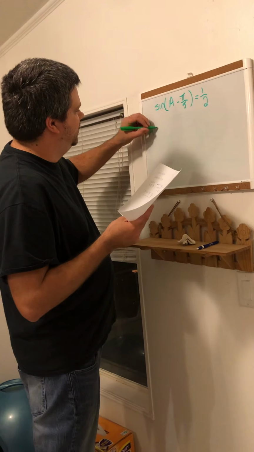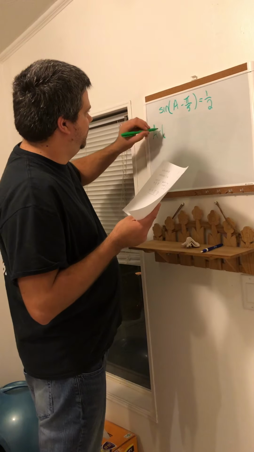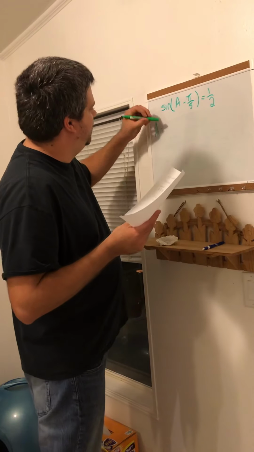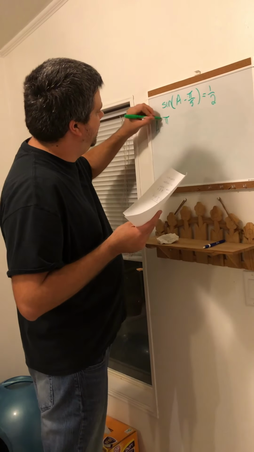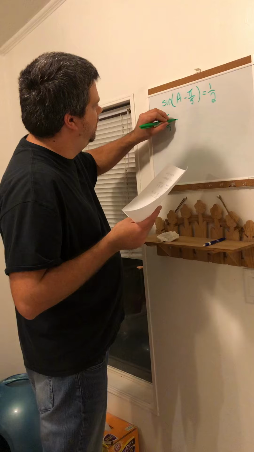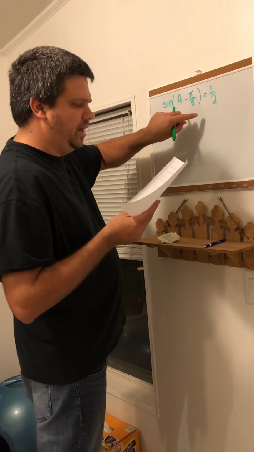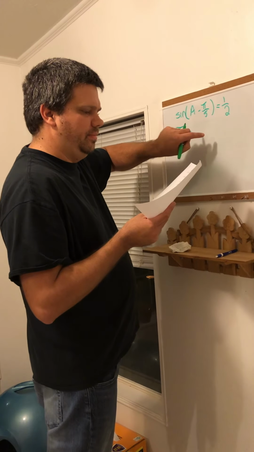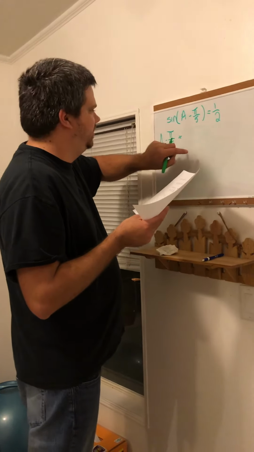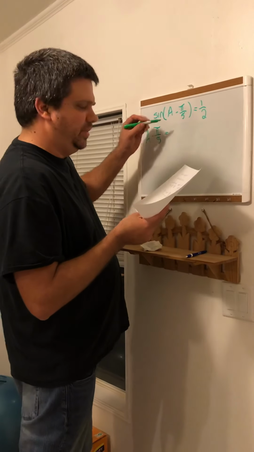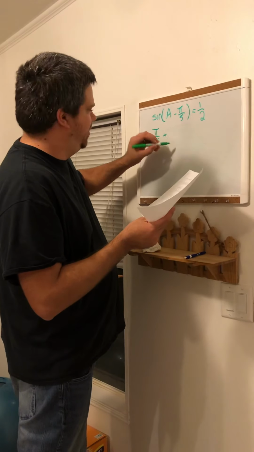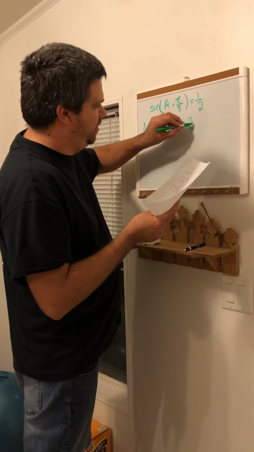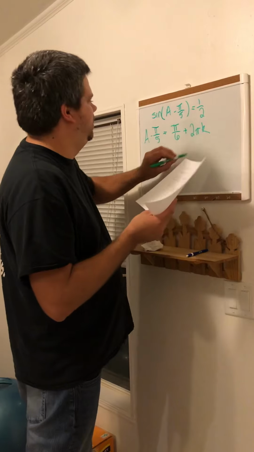Got a minus pi over 5 equals, and for sine 1/2, you have an option of pi over 6 or 5 pi over 6, which I'm going to do both of them here, but let's start with pi over 6. We'll do pi over 6 plus 2 pi k.